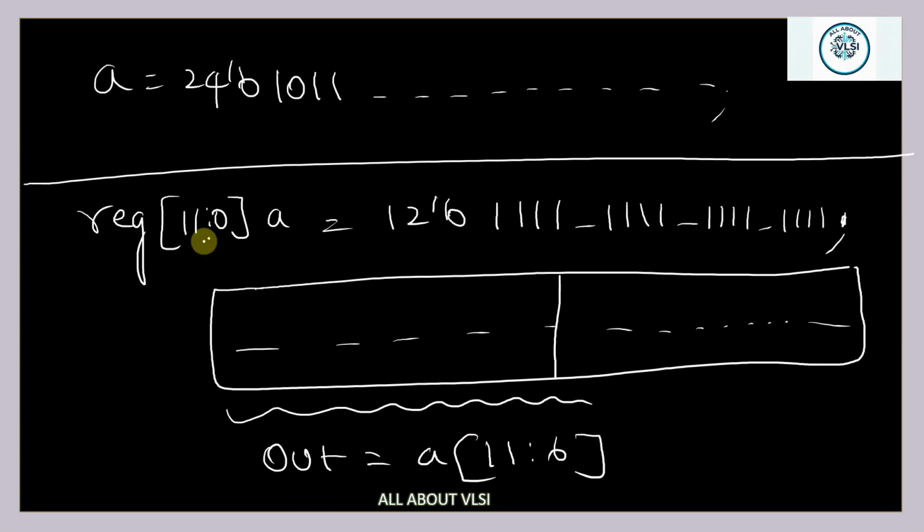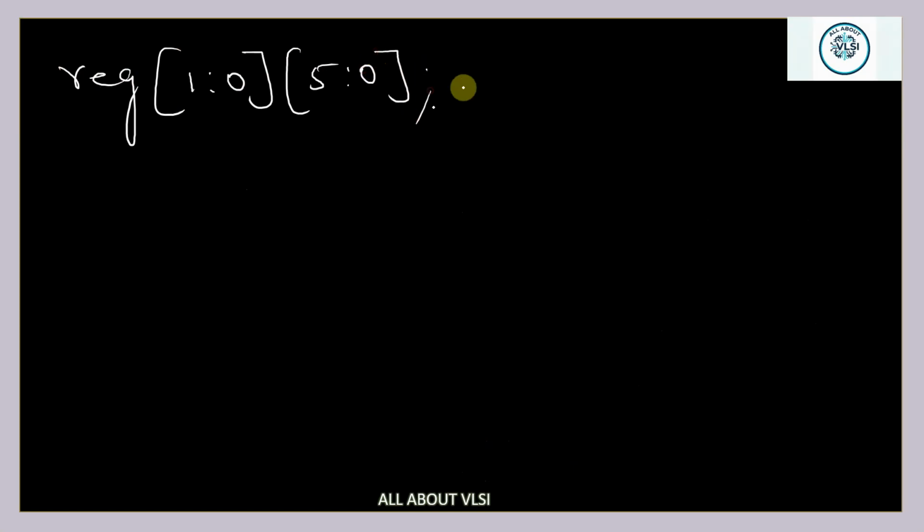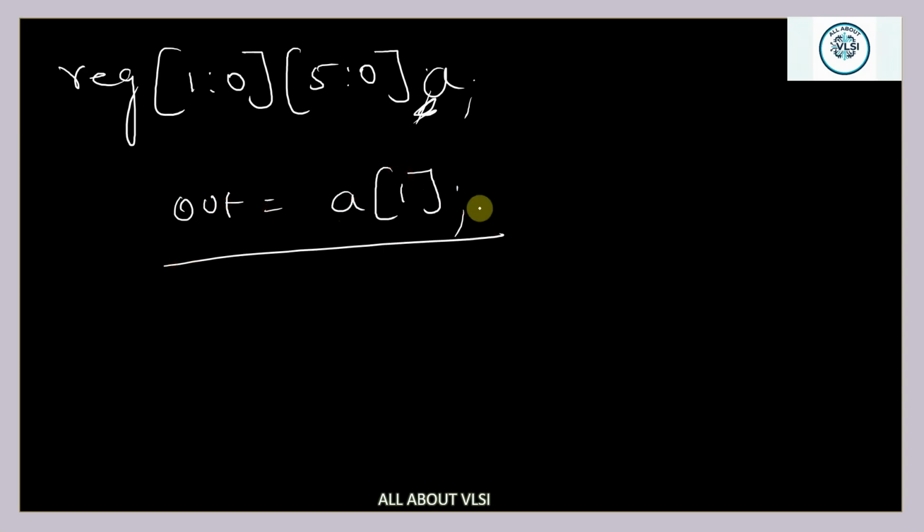Now, instead of declaring like this, I can also write it as a packed array. If I make two partitions, 1 down to 0, and in each partition I have 6 bits, that is 5 down to 0, A. Okay. Now, I can simply write out is equal to A of 1. Yes or no?